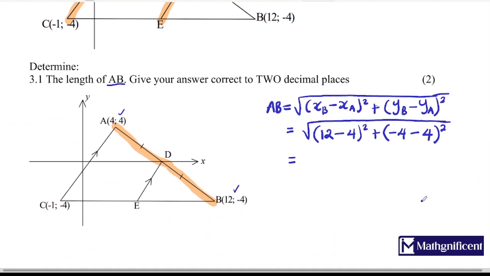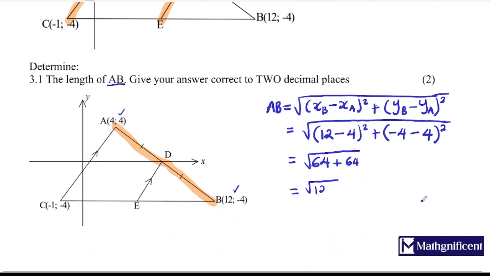So now we know this is what we have. 12 minus 4, we are going to get 8, and then 8 squared, we are going to get 64. And then negative 4 minus 4 is negative 8. So negative 8 squared as well is going to give us 64. So this amounts to the square root of 128, right?